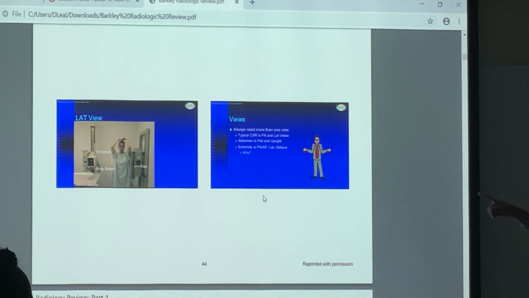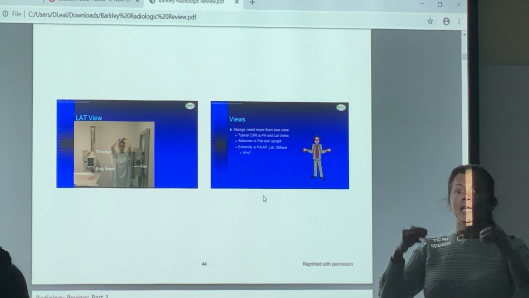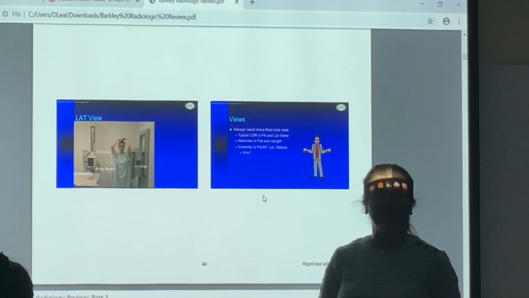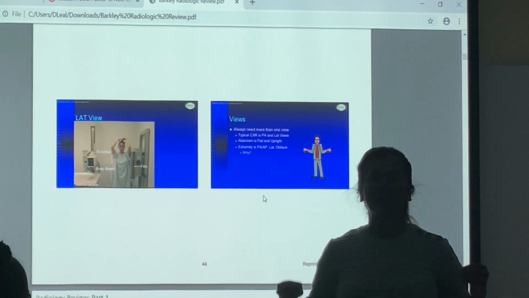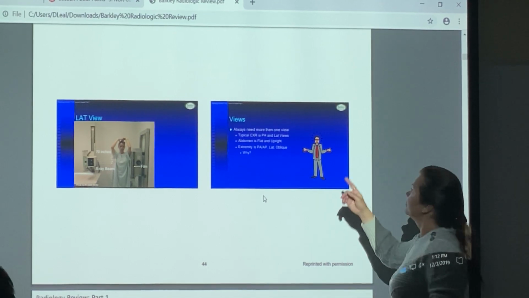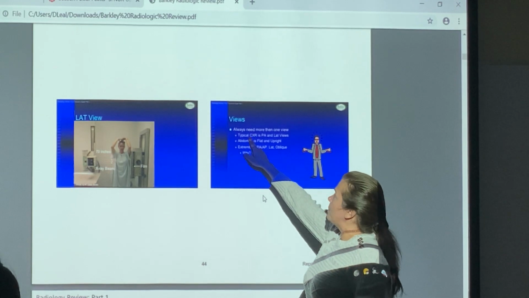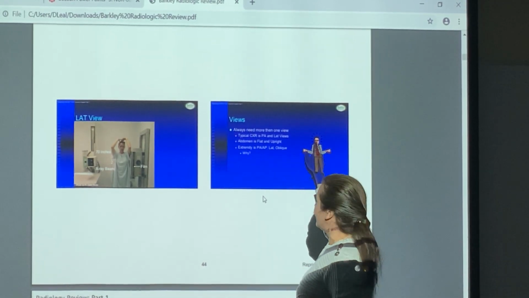Then you have the lateral view standing up, and remember, if you doubt whether the patient has pleural effusion or not, do a lateral decubitus. So again, typical, most common and most accurate: PA and lateral.